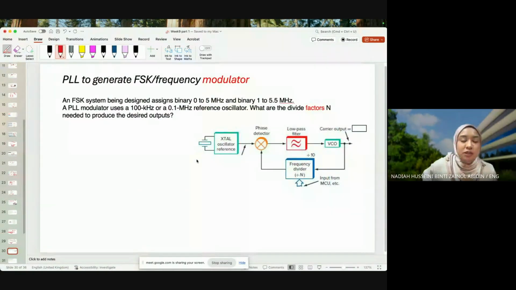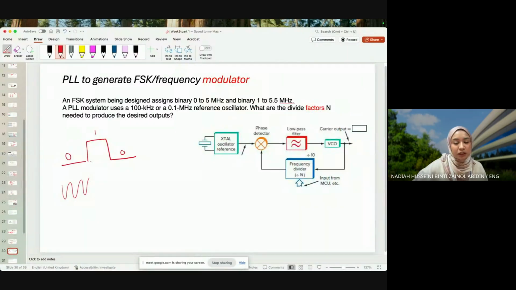Okay, so I have a question. An FSK system being designed assigns binary 0 to 5 megahertz and binary 1 to 5.5 megahertz.